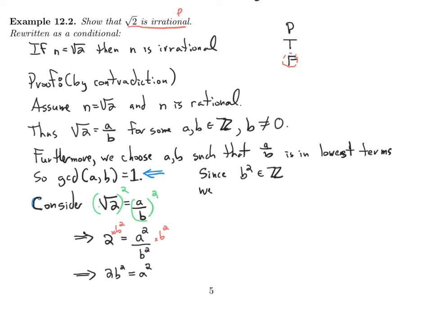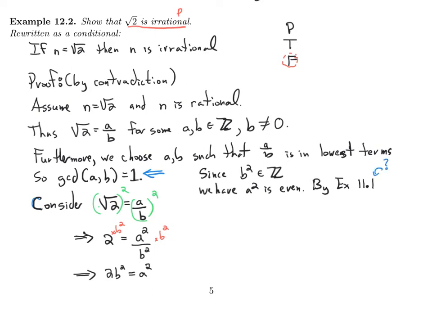We have that a squared is even, and thus, by an example from the previous video, I believe it's 11.1. I'll put a question mark there because I'm not 100% sure, but I'm 99% sure.